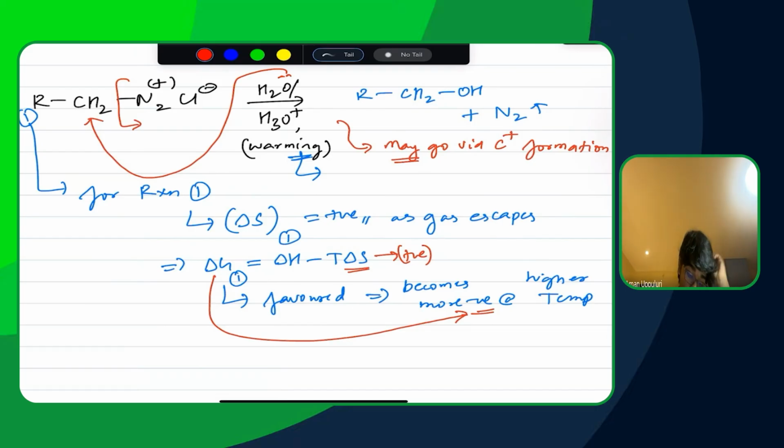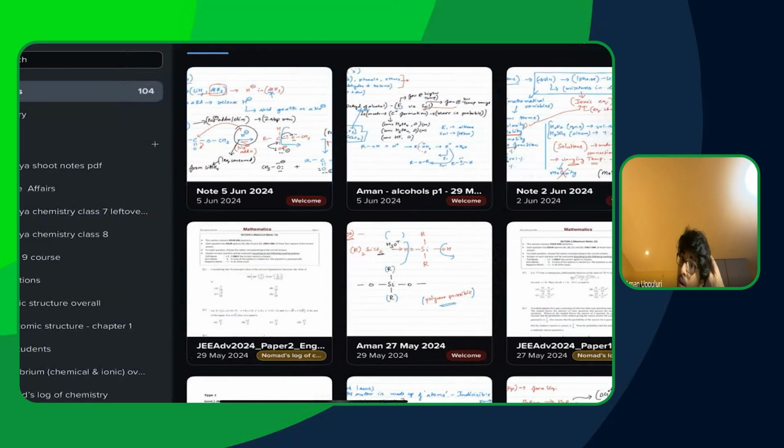Like we were given an isotopic oxygen. Sir, could you write an ester with an isotopic oxygen, like marked oxygen?